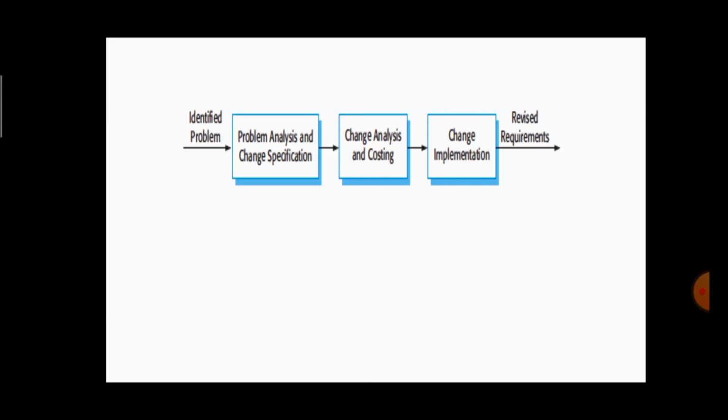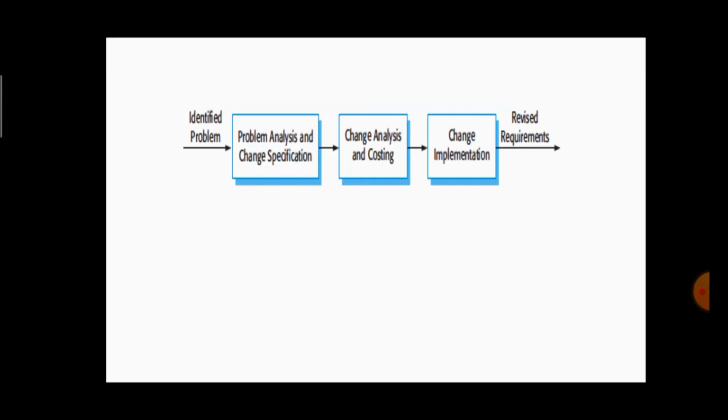Is it feasible to do this change? If I do this change, can my software work properly without any problems? Suppose you do the changes and a problem arises, then it will not be a good sign, right? That's why you have to think about the budget for doing this change in the requirements.